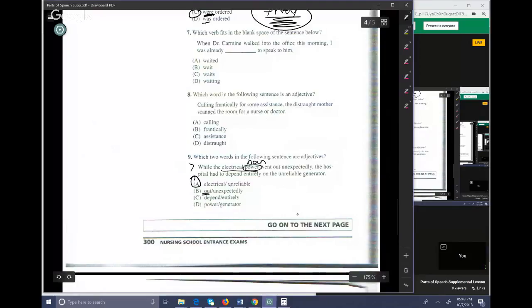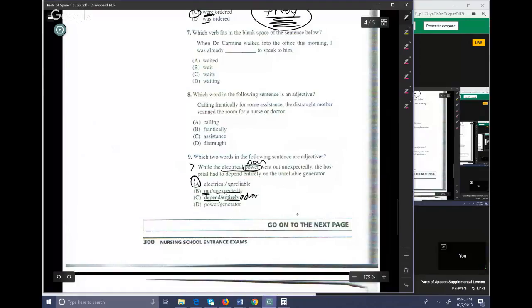If you look at B, they have the word out. That is a verb. And then they have unexpectedly, which is not next to a noun, and it's not next to a verb. So even though it is a descriptive word, it's not an adjective or an adverb. C is depend, and then entirely, again, depend is a verb. Entirely is an adverb.